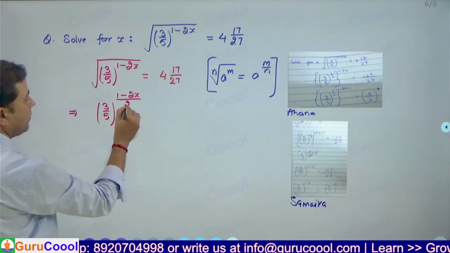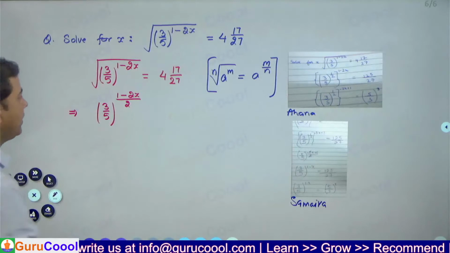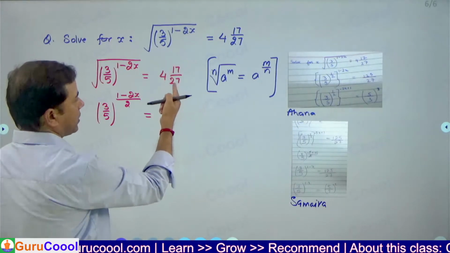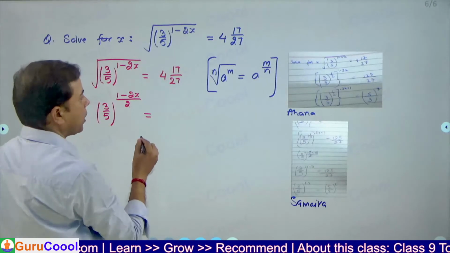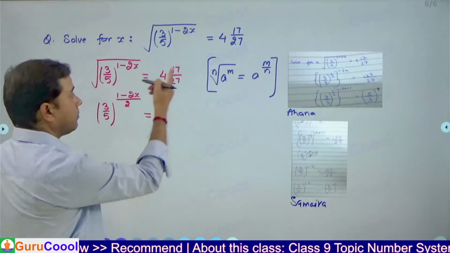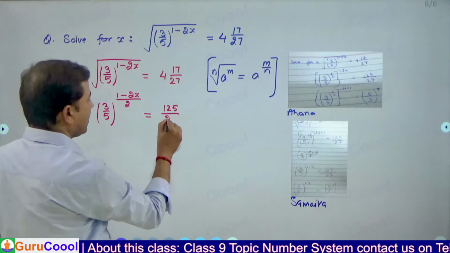Is that okay? Yes, sir. Because it is a square root, so 2 will come here. And the right hand side is a mixed fraction. Let's change it into an improper fraction. 27 times 4 is 108, plus 17, 125 by 27.